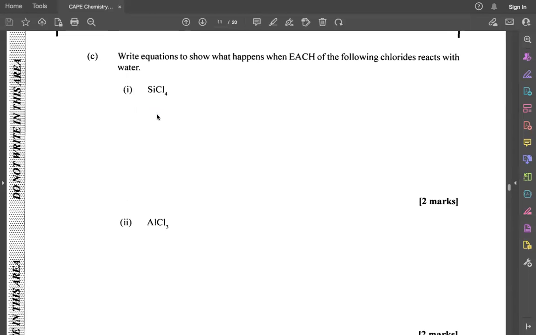So that one will go like this. So we will have our SiCl4, right? And that exists as a liquid. And when that reacts with water, what we're going to get as a result of that is silicon dioxide. So we're going to get SiO2 solid.